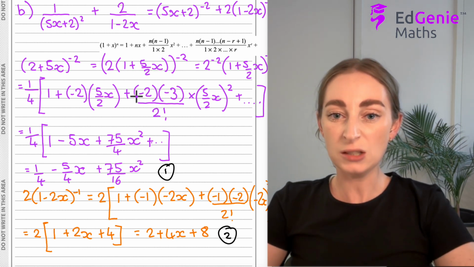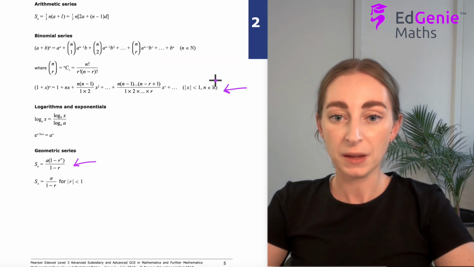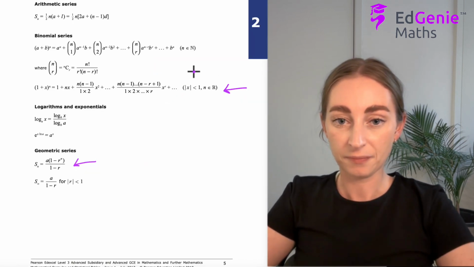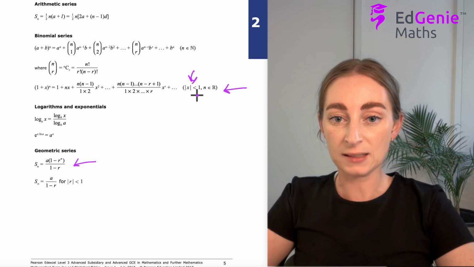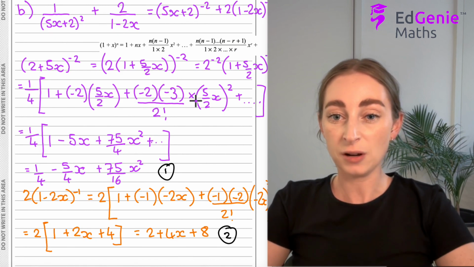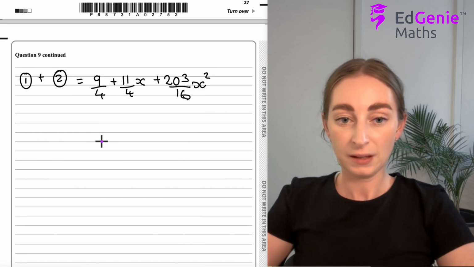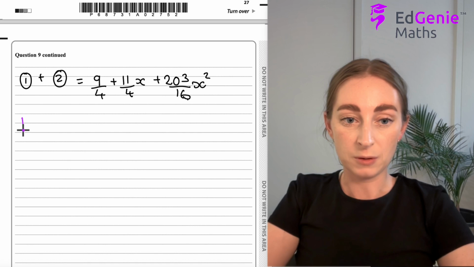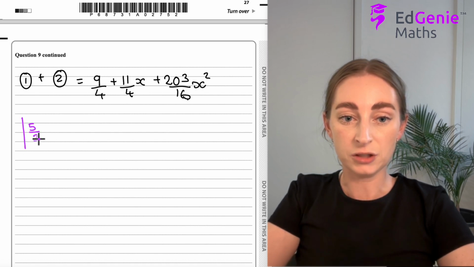And that's actually in your formula booklet. Let me just show you. So here it says the modulus of x is less than 1. So whatever this is here, the modulus of that is less than 1. So for us, it's 5 over 2.